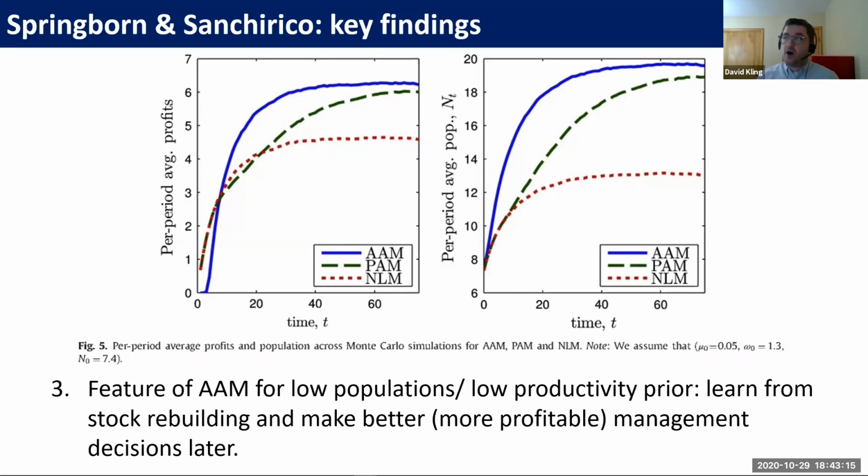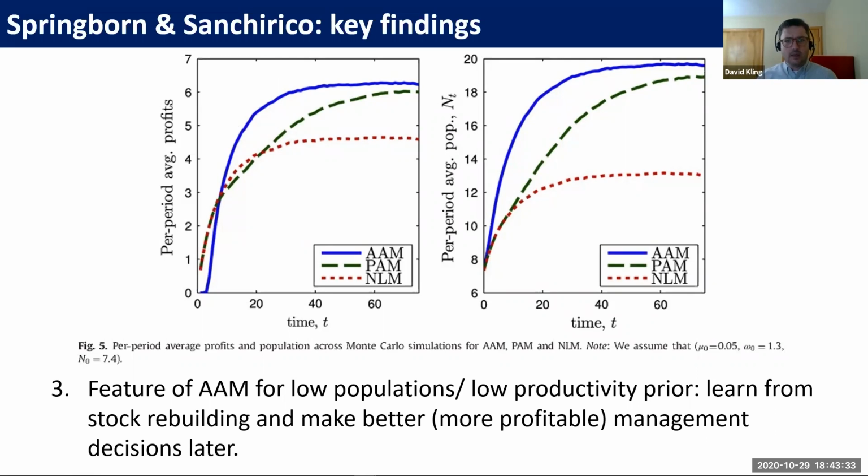Then the AAM policy, it's allowing a bigger population over time, sacrificing profits up front to allow rebuilding faster, and then ultimately with better information making better decisions to have more profitable fisheries management in the future.